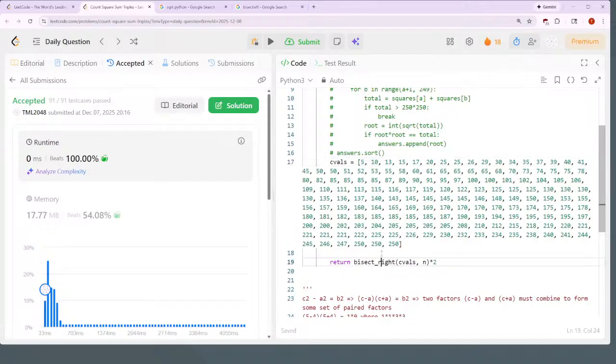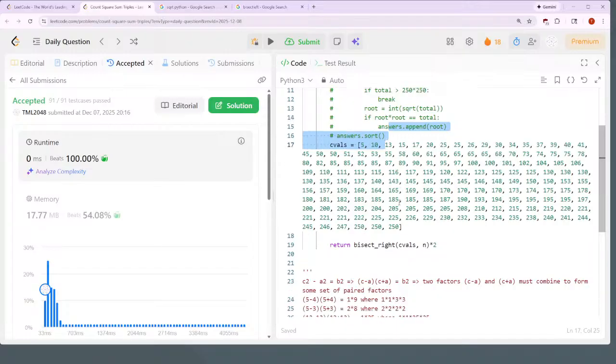I use bisect right to search for where 10 would be found, but after 10 would be inserted post that value. So 10 would be searched and return index 2. 2 would be half the number of triples because each triple has the ABC version versus the BAC version.